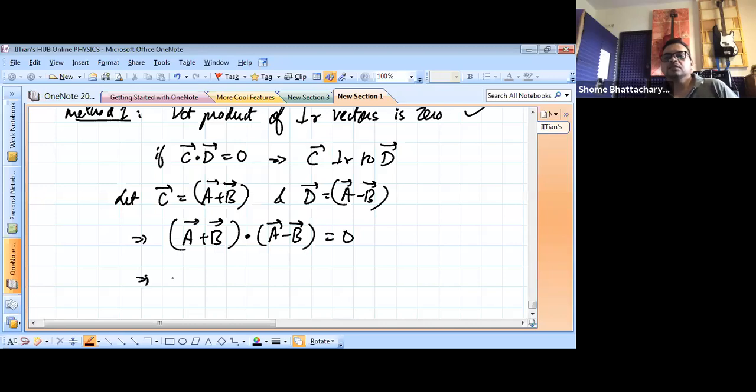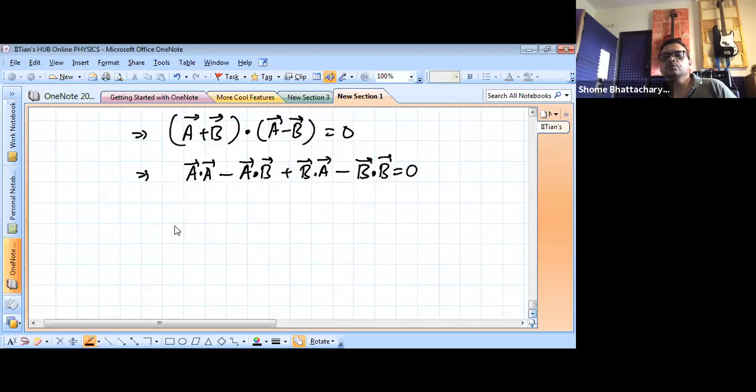So now open this by distributive property. This will become A dot A minus A dot B plus B dot A minus B dot B is equal to 0.